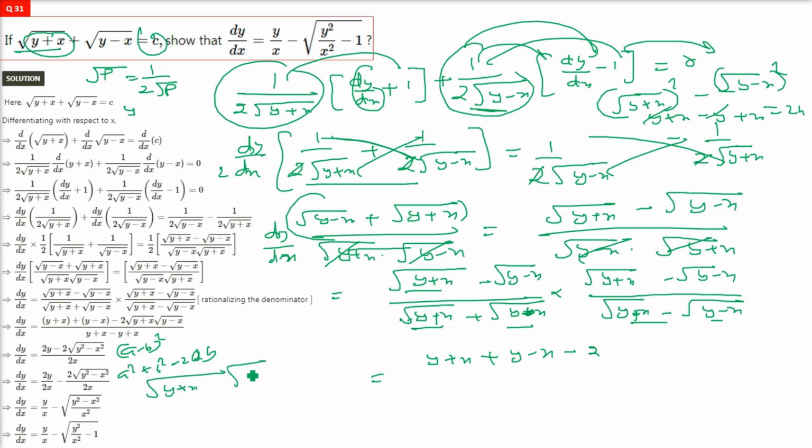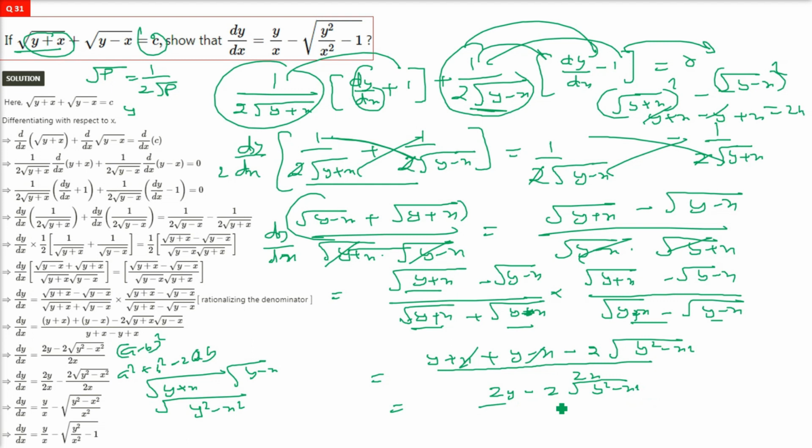A plus b into a minus b will be a square minus b square. So you have under root y square minus x square. Now here 2x is already there in the denominator. It will be 2y minus twice of under root y square minus x square divided by 2x.